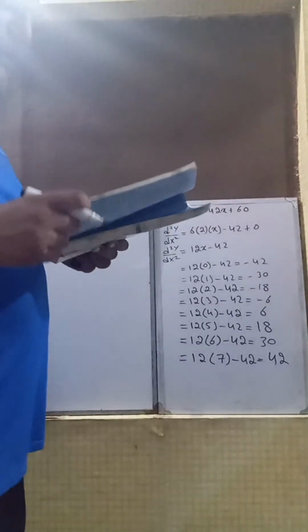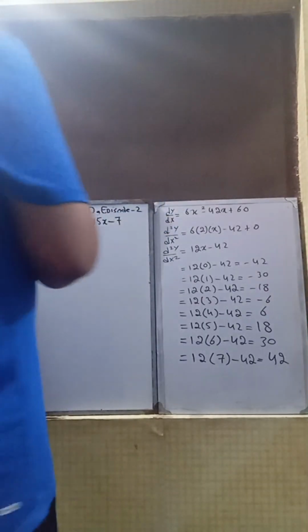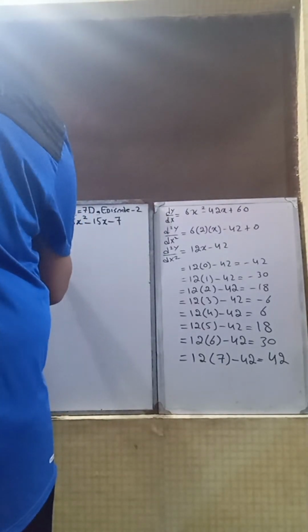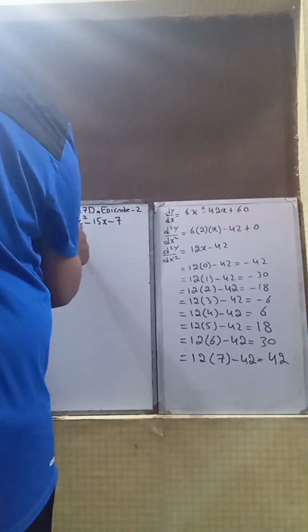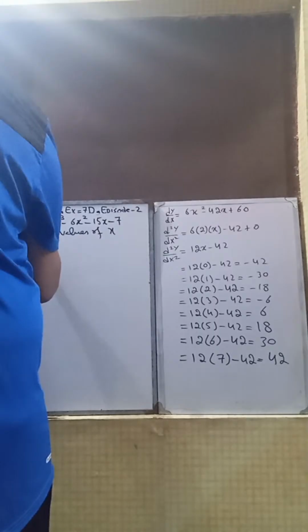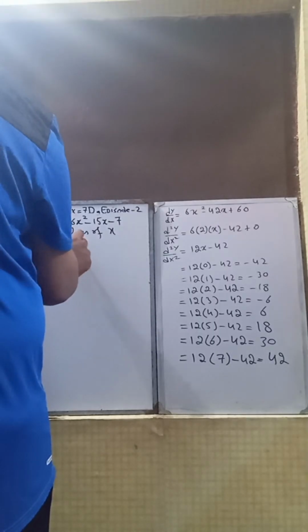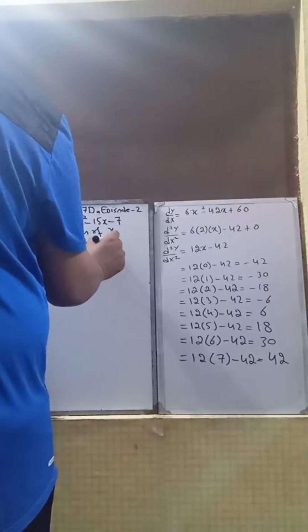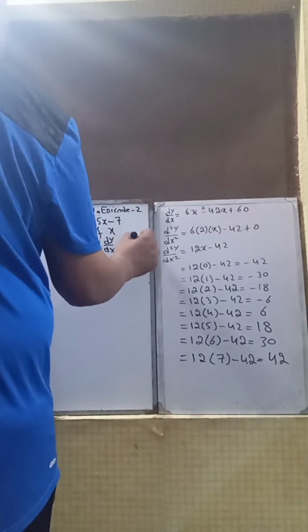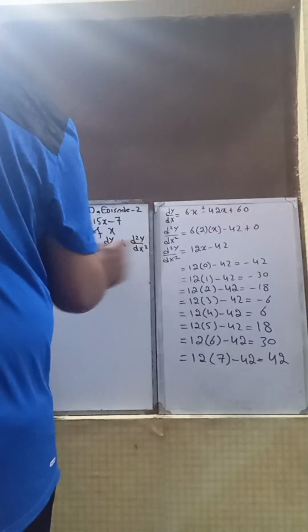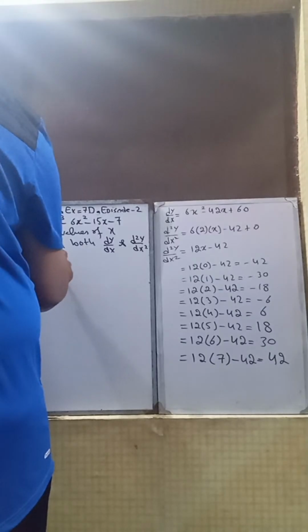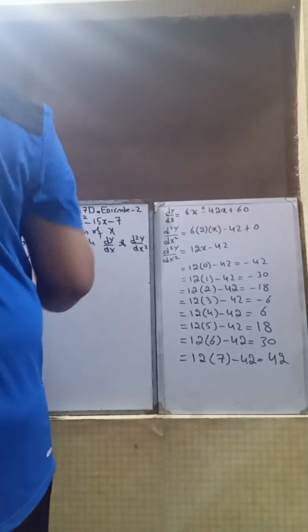He says find the range of values of x for which both dy by dx and d square y by dx square are positive. Okay, sir. Both are positive.